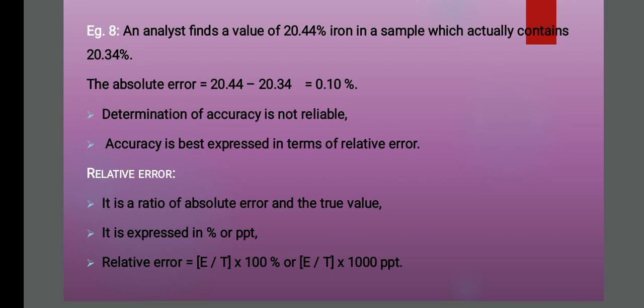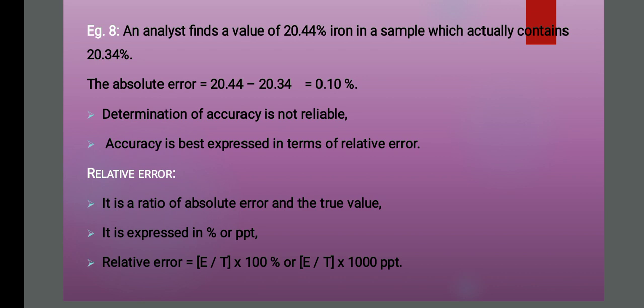For normal accuracy measurement, determination is done by relative error method. Why we are doing that is, determination of accuracy by absolute error is not very reliable. So with absolute error we can't stop. We have to go with another error which is called as relative error.